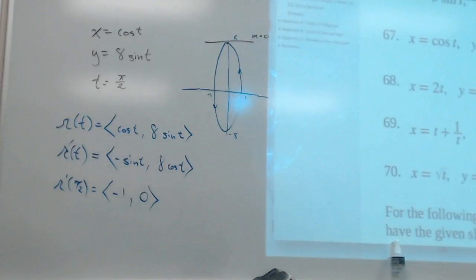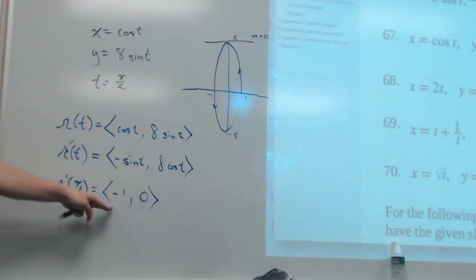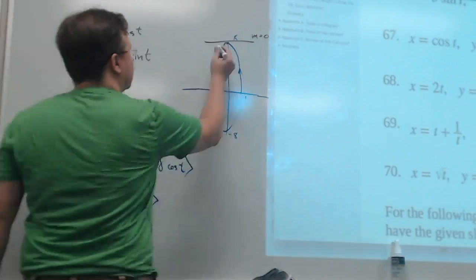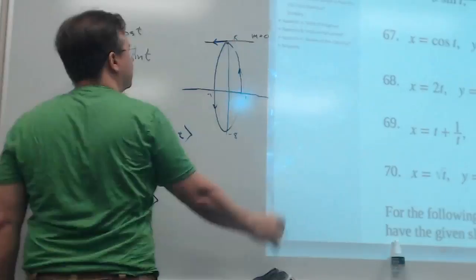The sine of pi over 2 is 1. Oh man, I'm thinking 8. So the vector, this is going to be a tangent vector, and it's right there.